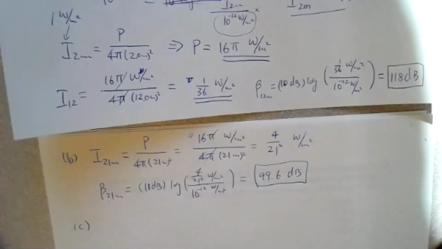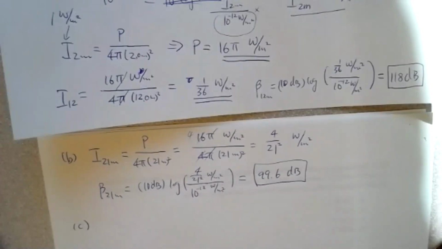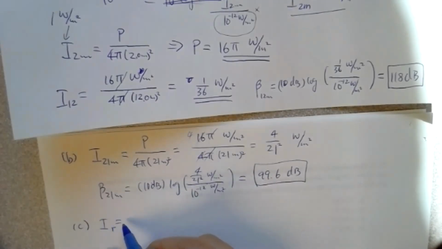The last part here is asking you how far can the siren be heard? Okay, so that means at what distance. Basically, it's asking you at what distance the intensity of the siren is the threshold of what we can hear, right? So that means you're looking for when I of a certain R is equal to 10 to the minus 12, right?